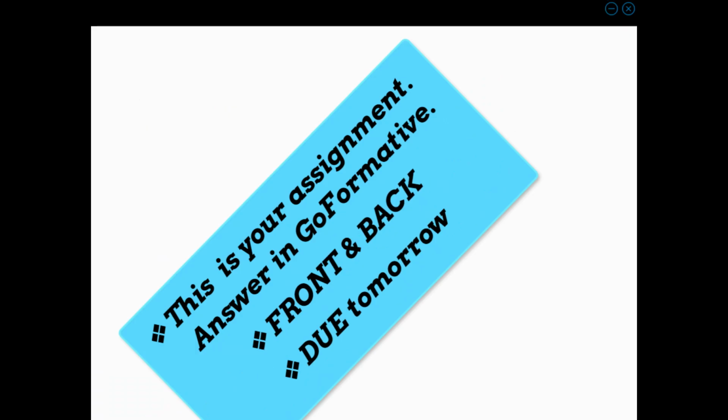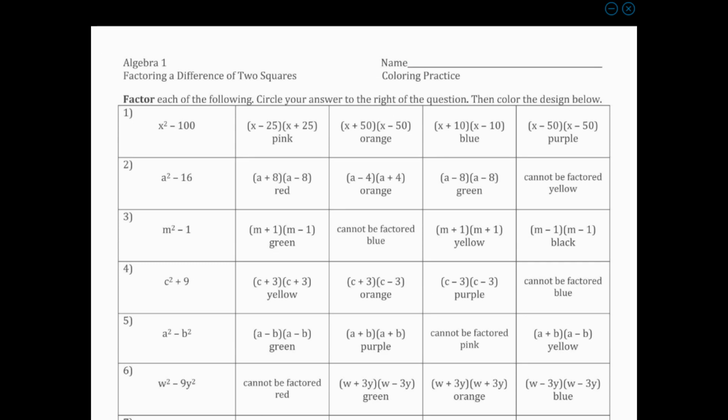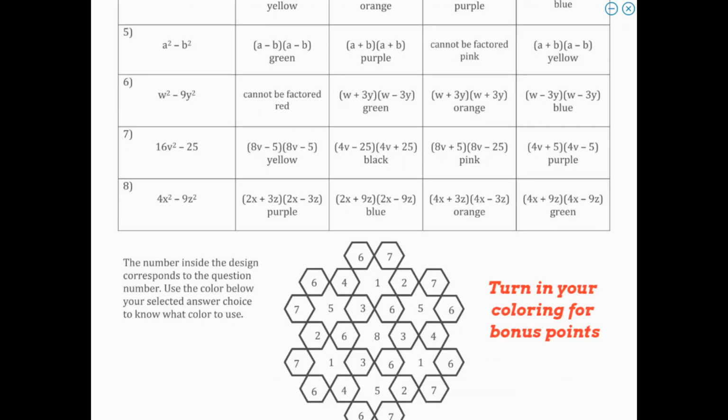You're done with the notes. Okay, your assignment. On the front side that I'll hand you is difference of squares. There's 8 problems here. In Go Formative, you will answer which color was the correct answer choice. You still have over 5 minutes of class left, so you have time to start on this.